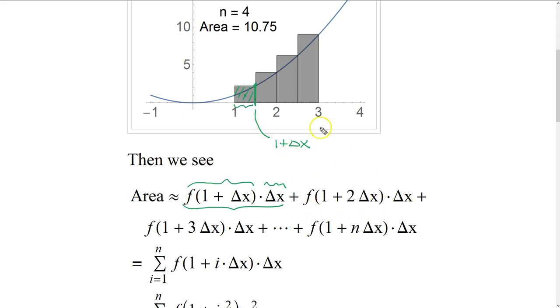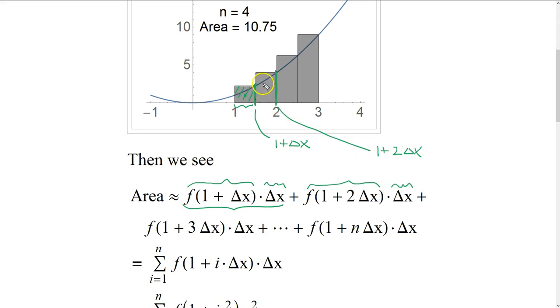The area of the second rectangle, this one, well, that point right there, that is 1 plus 2 delta x's. And so the height, this distance right here, that's f of 1 plus 2 delta x, so that is this value. And then the width is delta x again.